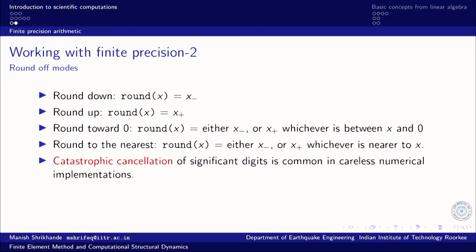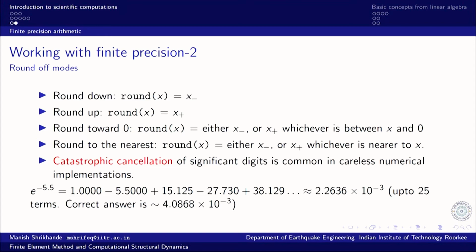Now, as I said, the sequence of arithmetic operations is very important, and that leads to what is known as catastrophic cancellation of significant digits. This is very common in careless implementation of numerical computation. If we are not careful enough, our results may be corrupted beyond redemption.